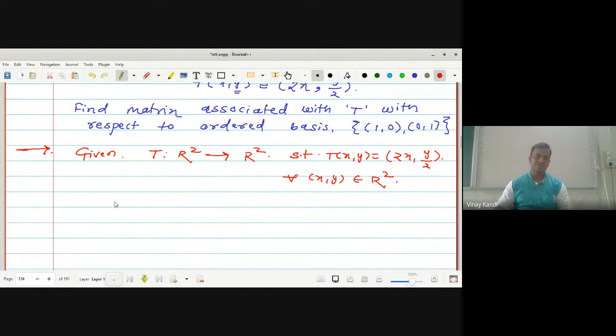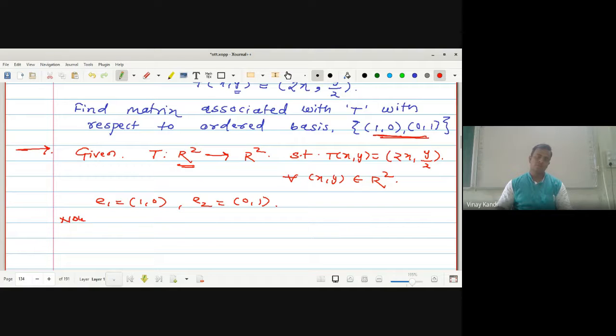Now what is E1? E1 is given to us 1 0, basis element. What is E2? E2 is again 0 1. Okay, why is this one basis? Because this is the linear independent set, and this set must span our whole vector space R2. So this is E1 and this is E2.